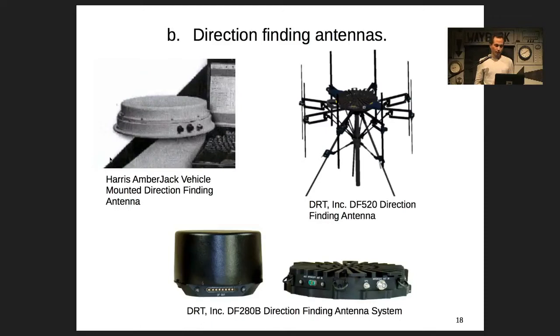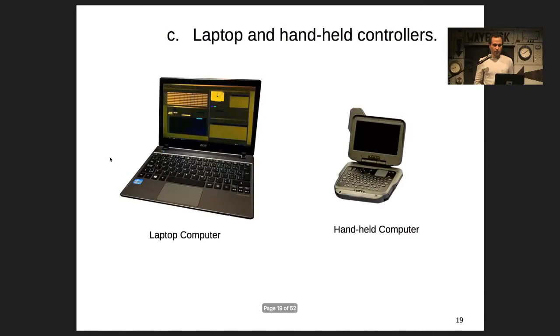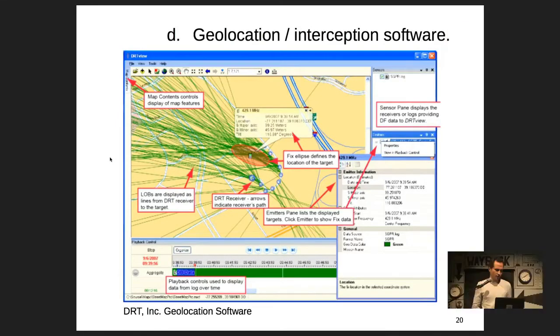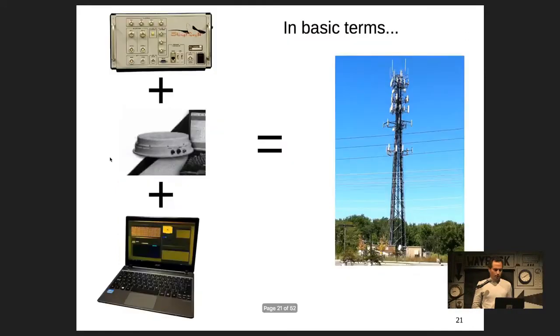That's what they're specifically designed for. And then there is the laptop or handheld controller to operate the equipment. And this is a screenshot of some software that's used to locate the phone. This is by DRT. So in basic terms, the base transceiver station, the directional antenna, and the laptop controller equals a service provider cell tower.